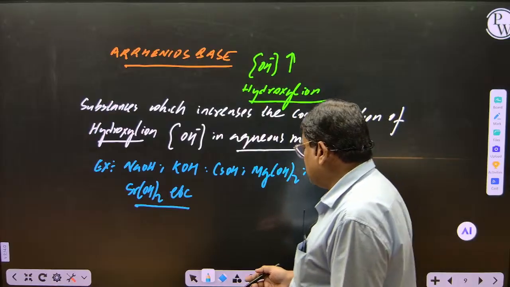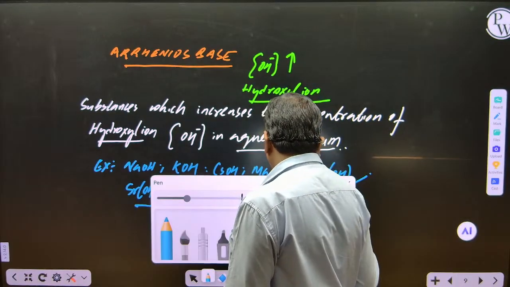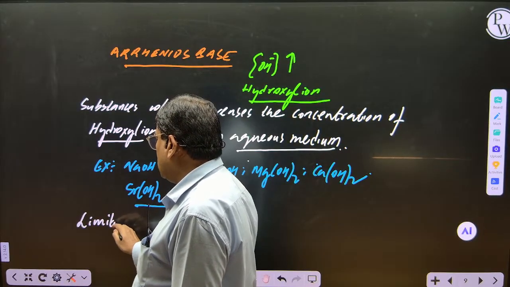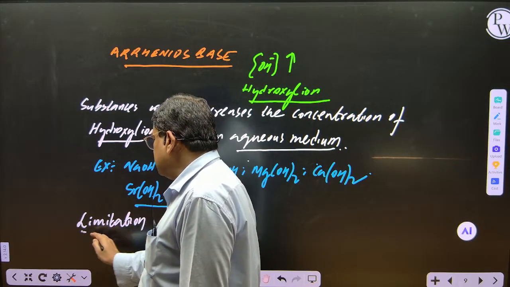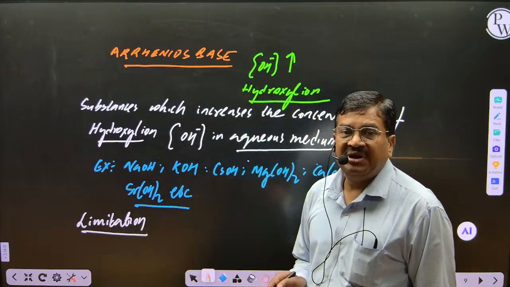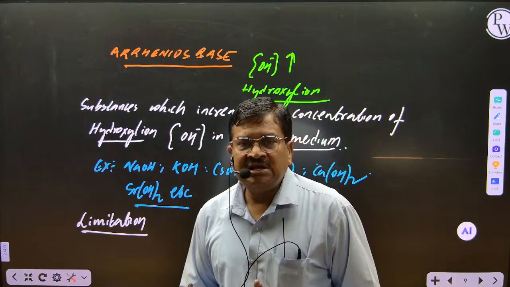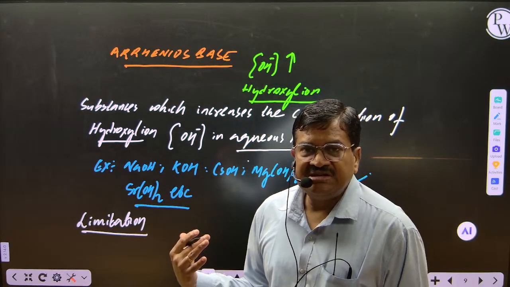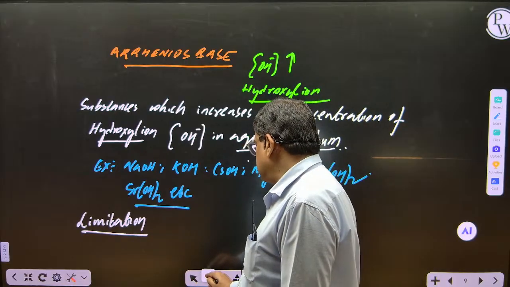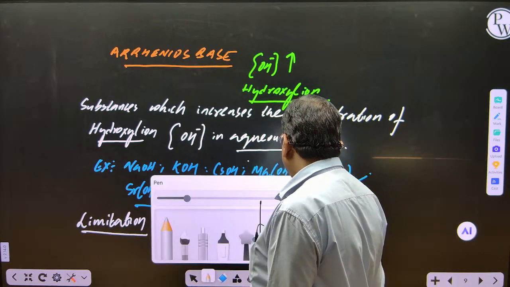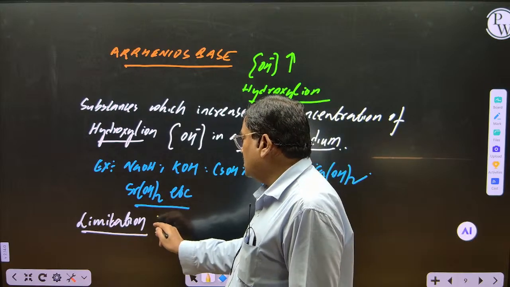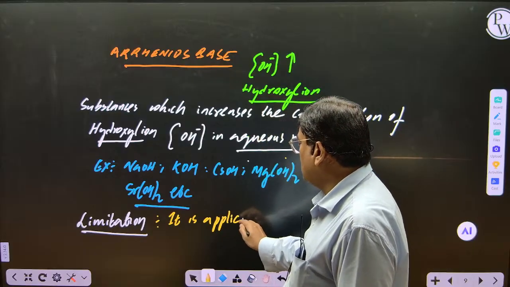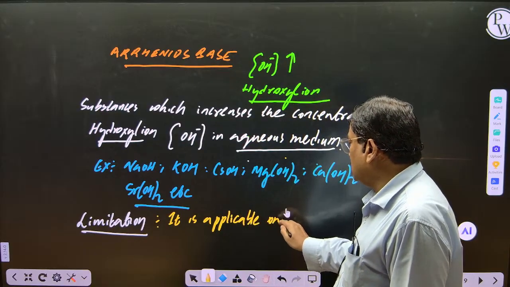And write the limitation of Arrhenius theory. Now what is the limitation of this theory? This theory is applicable only in aqueous medium, meaning if water is not there, we cannot tell who is acid and who is base. So is it a limitation or not? Right. This theory is applicable only in aqueous medium.